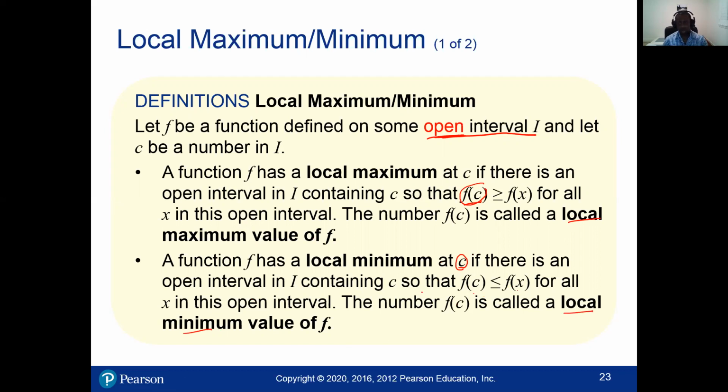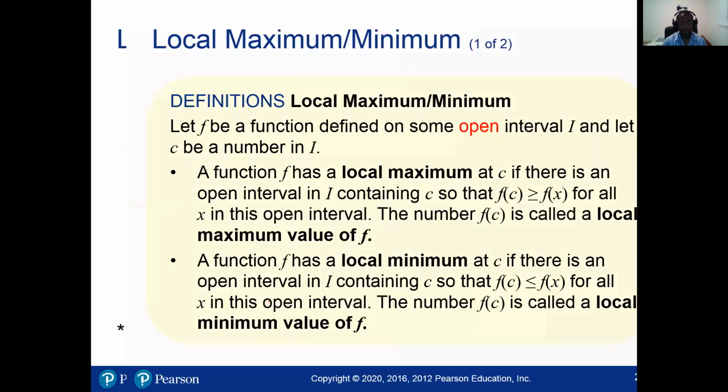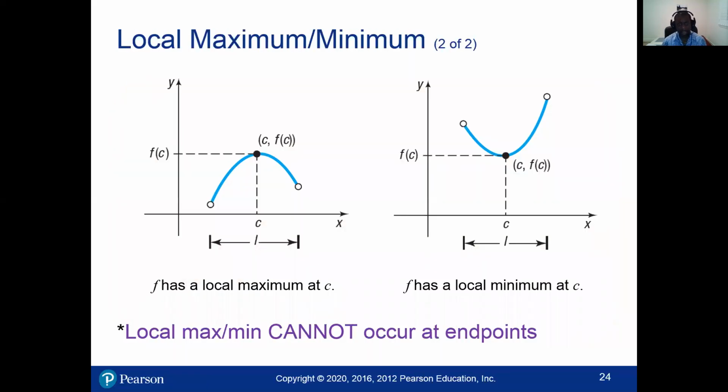So what you want to get from this is that there is an open interval, and there's a c in that open interval, where the function value at c is less than the function value at any other x in that open interval. If it happens to be the largest, it is a local maximum. If it is the smallest in that open interval, it is a local minimum. So in a graph, this is what we see.